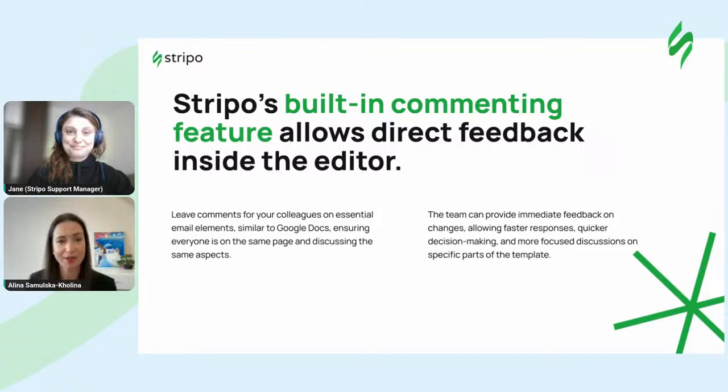And now Jane and I will show you how easy it is to use and how much smoother the approval process can be. So let's try how commenting works. Jane, could we try the commenting? Yes, for sure. Yes, guys.